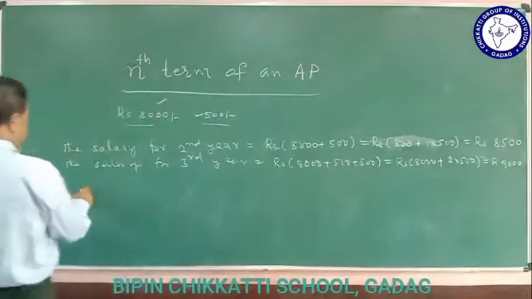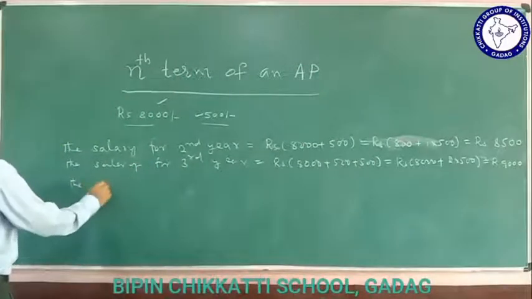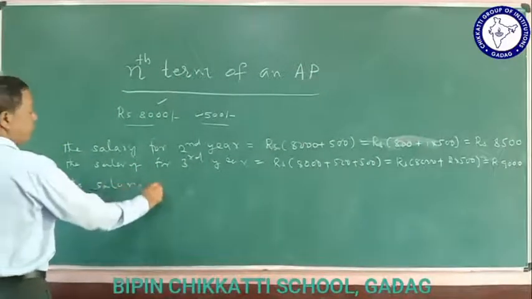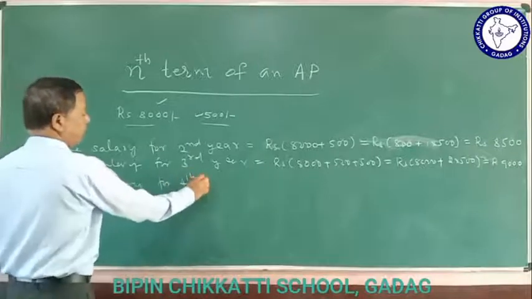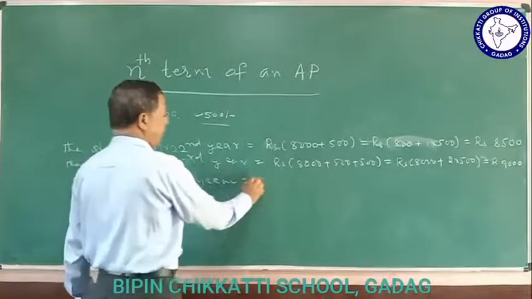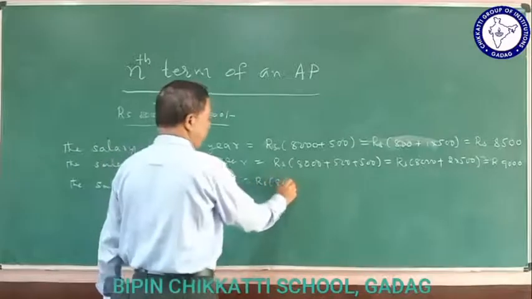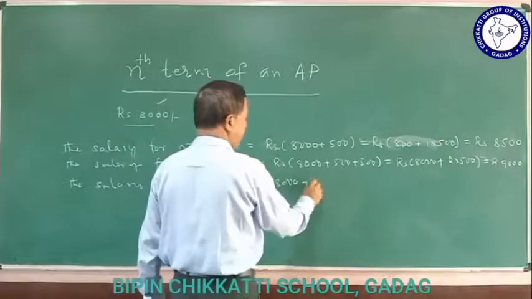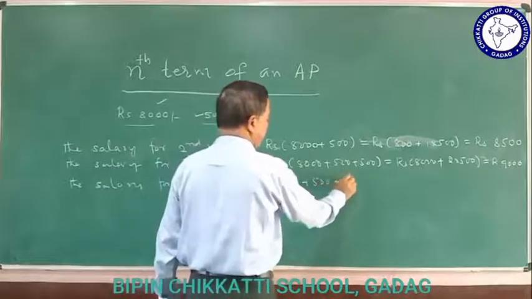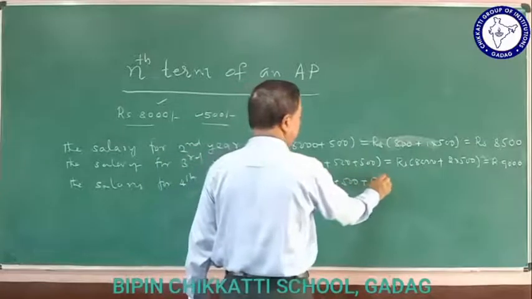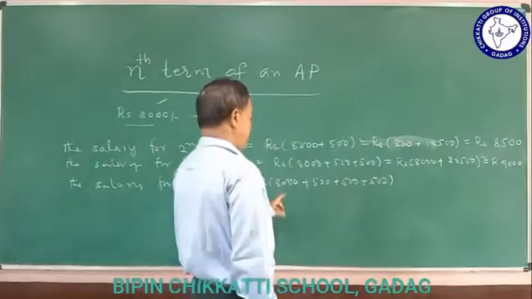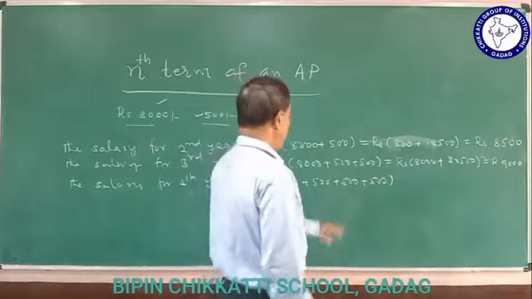Now similarly, the salary for the fourth year. Fourth year: Rs 8,000 plus 500 plus 500 plus 500. How many 500s? Three 500s.